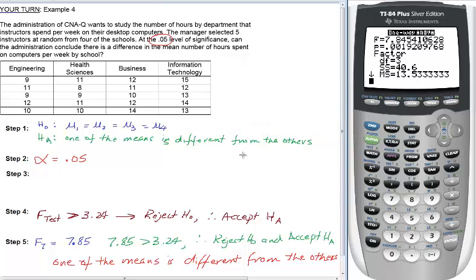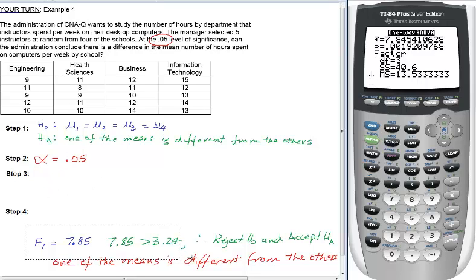Therefore, I don't need this step right here. So basically, I'm skipping step 5. So I'm down to 4 steps. Now, if I mute, I can get rid of all this too. I'm going to leave the conclusion because the conclusion's the same. No matter what test we use, you get the same conclusion if you do it correctly.